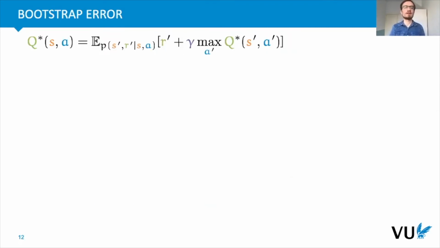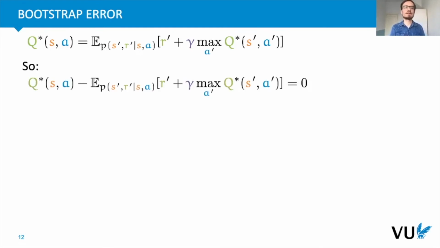Let's return to the equation of the optimal Q function. What we can do here is simply move this thing to the left. So we subtract this large term over here and move it to the left. So we now see that the optimal Q function is a function for its Q function minus this big expectation equal to 0, right?